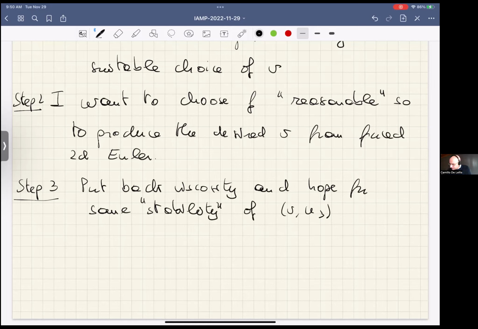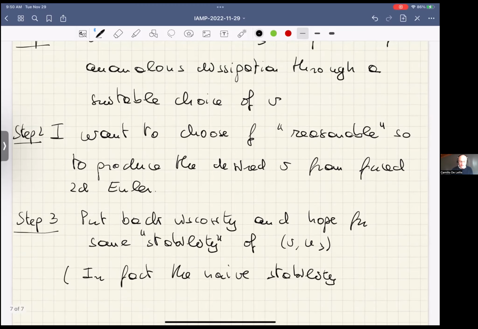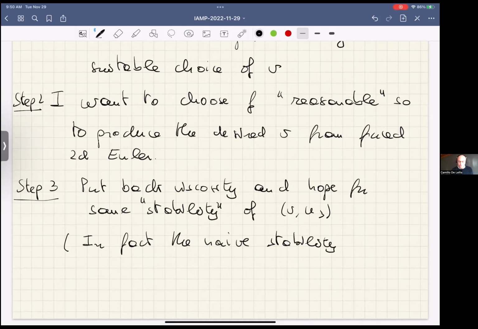In fact, the naive stability that you would expect fails. Or, I mean, I can't really say that it fails. The naive stability that you would want, we're actually not able to prove.